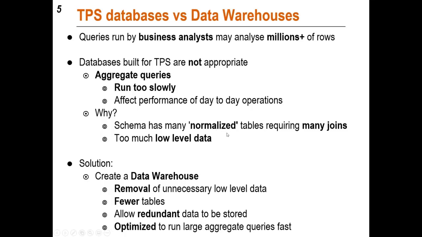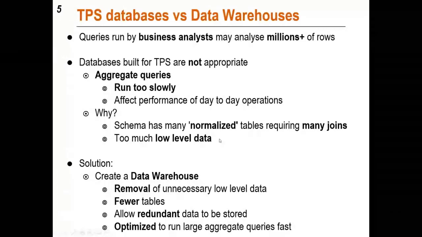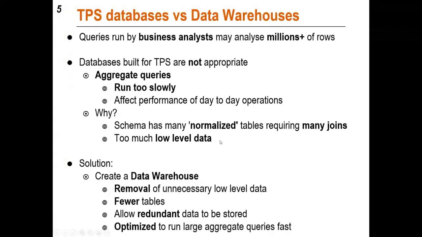Because we have a lot of checkings, constraints, check constraints, etc. And there can be lots of joins between different entities, right? So we have more granular or low-level data in place in transaction processing systems, and we have designed the system for that purpose, right?